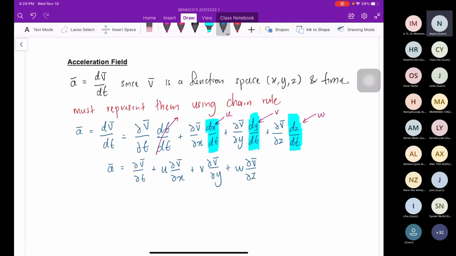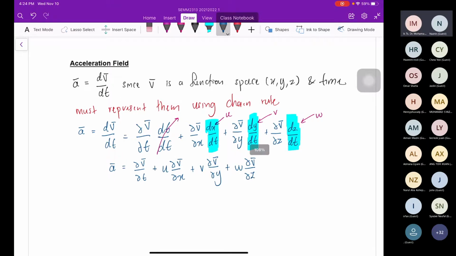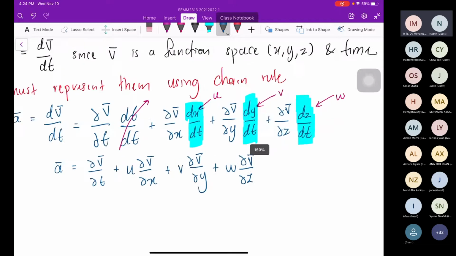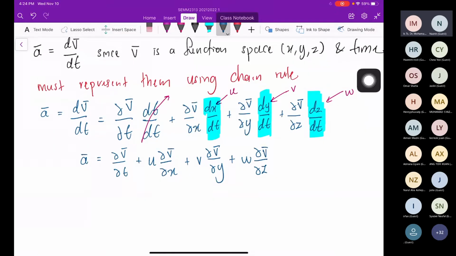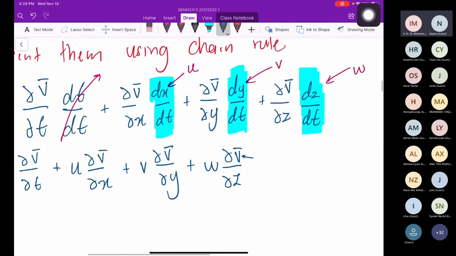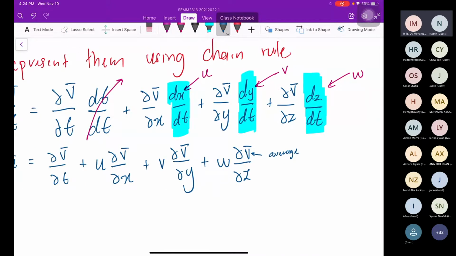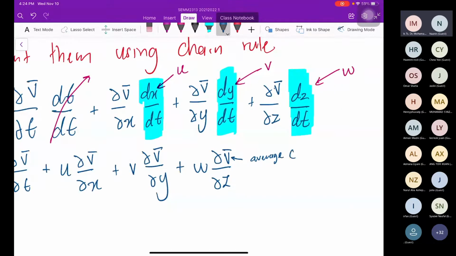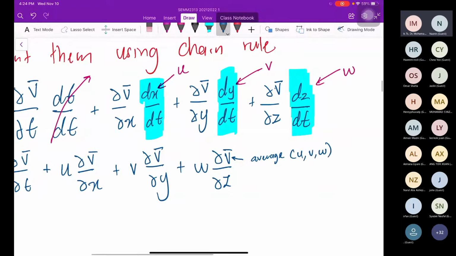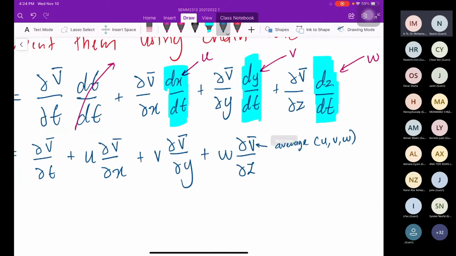Now you notice that this is V average, so it is the combination of U, V and W. I want to make it individual.